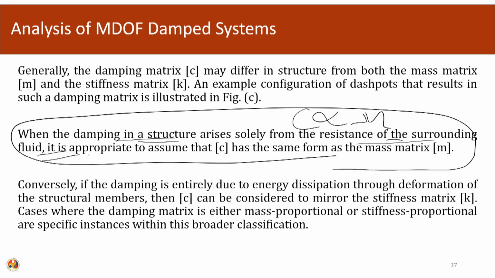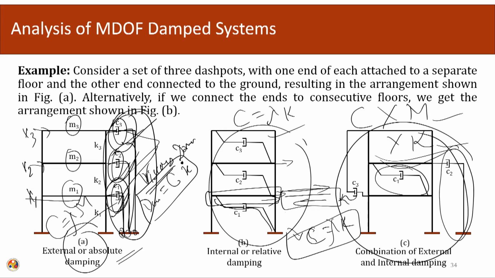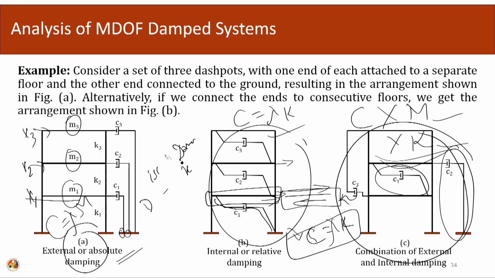If there is only resistance due to an externally applied fluid, or the system is in a scenario where the damping is due only to the external components at each degree of freedom, then the damping will be proportional to the mass.